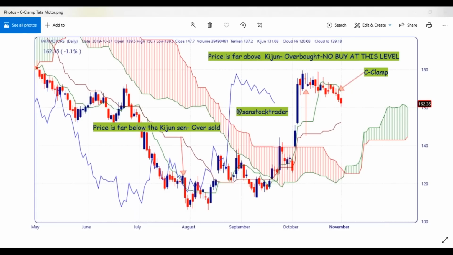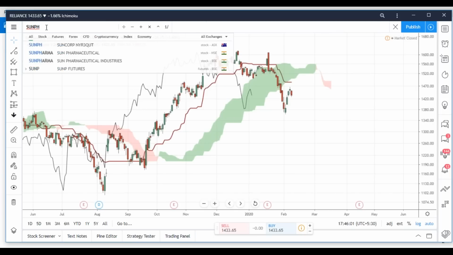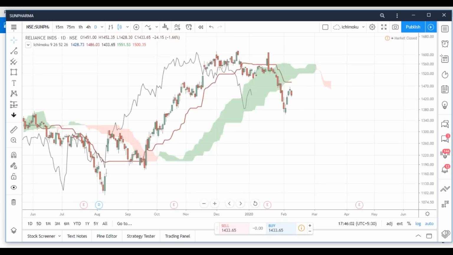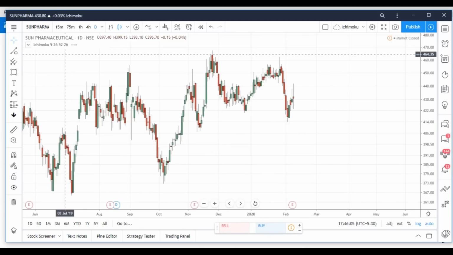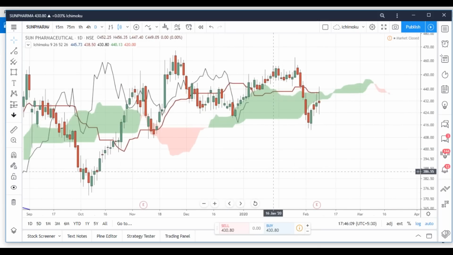Okay, let's look at Sun Pharma. We will see how many strategies we can find from Sun Pharma. The first one visible from the chart is a cloud bounce.